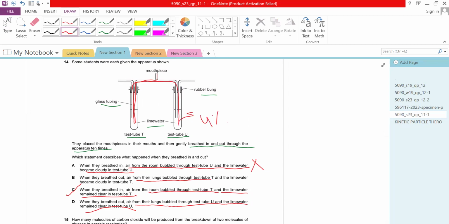So here the lime water becomes cloudy. While here, when they breathe in, the carbon dioxide concentration was 0.04%. So here the carbon dioxide concentration was low. However, here the carbon dioxide concentration was high. So that's why the lime water would remain clear in test tube T.